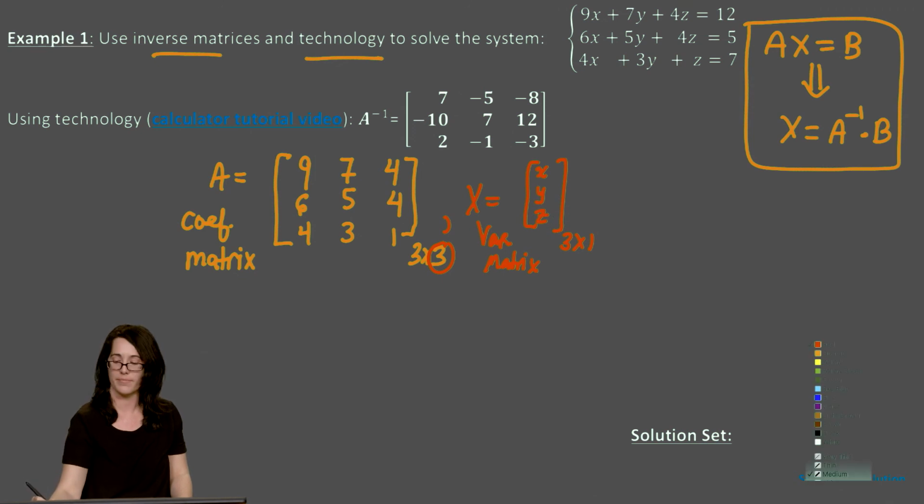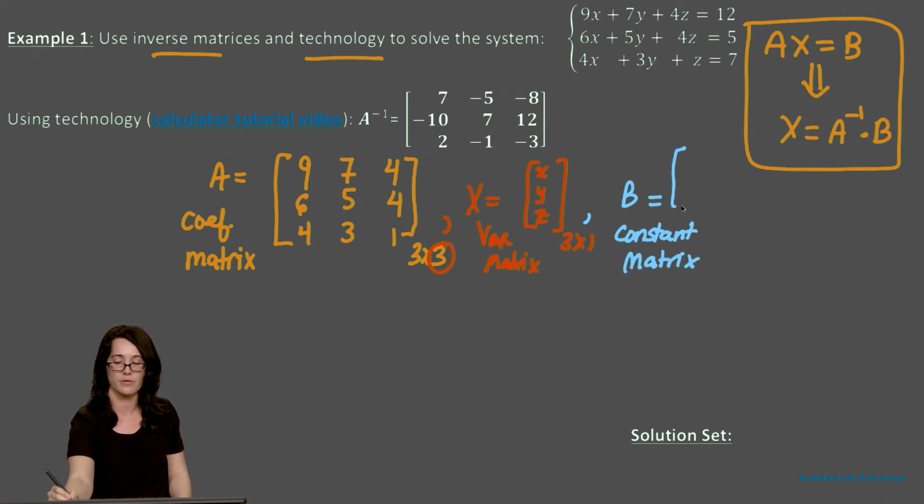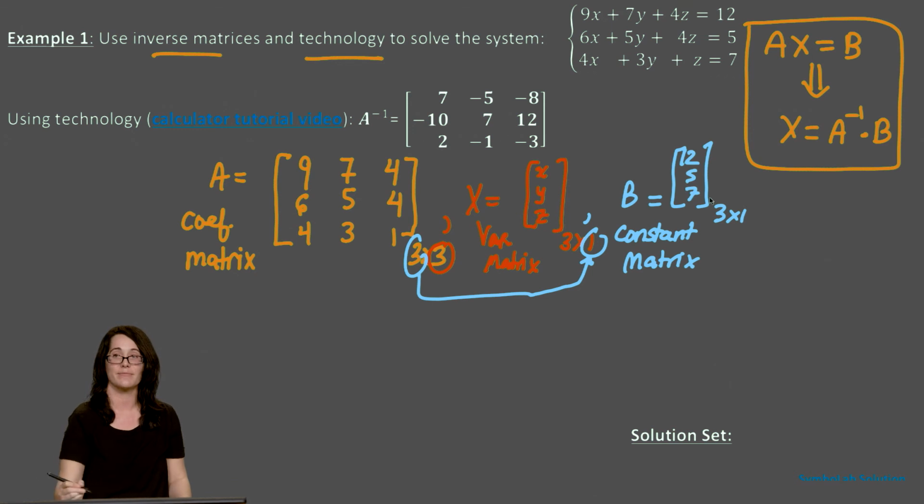And finally, they're supposed to equal, when I multiply them together, what matrix? B, that's right, the constant matrix. So matrix B must be what size according to what we know about matrix multiplication? That's right, 3 by 1. So 3 rows, 1 column, with entries which are constants of 12, 5, and 7.